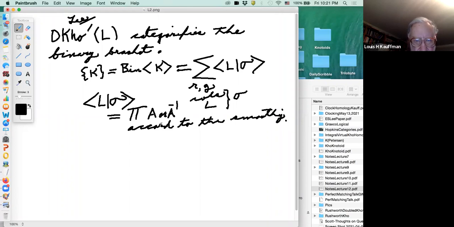We talked about this before, but you see, this is an invariant which is running over exactly those colorings.